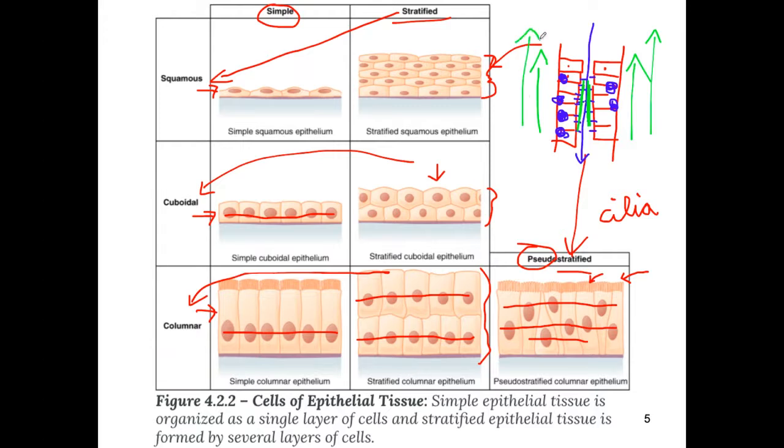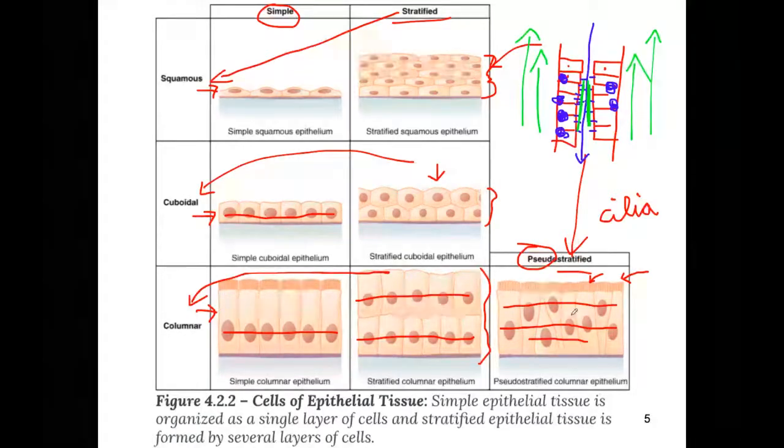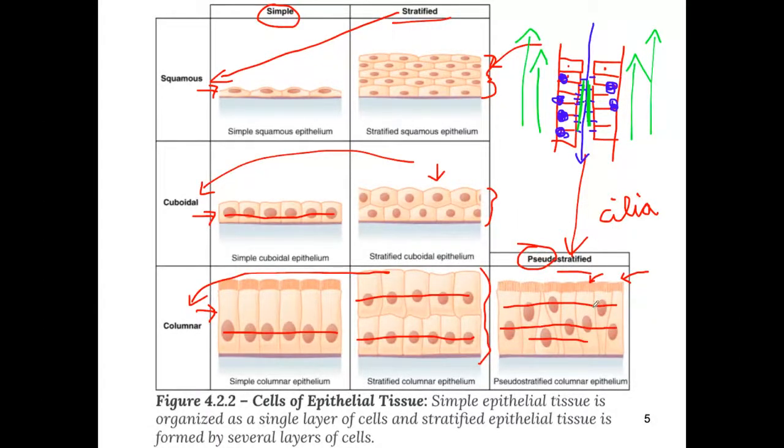So all you have to do is cough it out and you're able to get the debris out. So that's the beauty of cilia. So wherever we see pseudo-stratified columnar, it's typically pseudo-stratified ciliated columnar, as we see in these pictures.